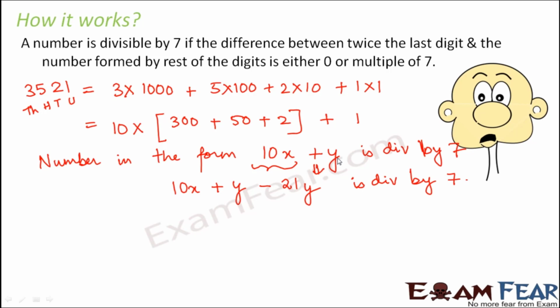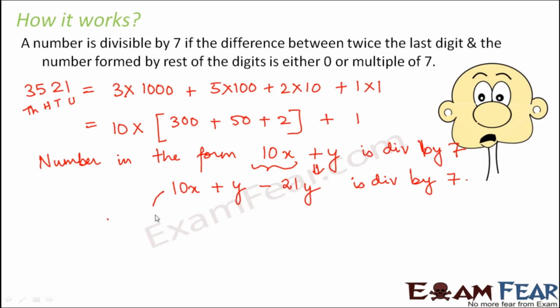So if I say this, it is same as saying 10x plus y minus 21y is divisible by 7, because in the first sentence we assumed that this part is divisible by 7, and the new part that we have introduced is in such a way that it is a multiple of 7. So we can say that this entire thing is divisible by 7.